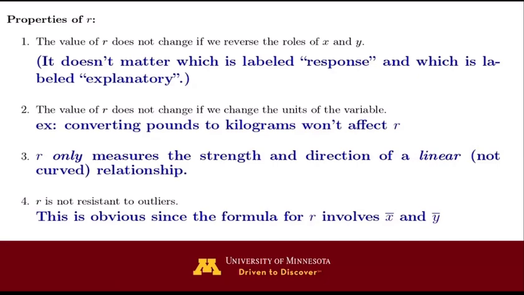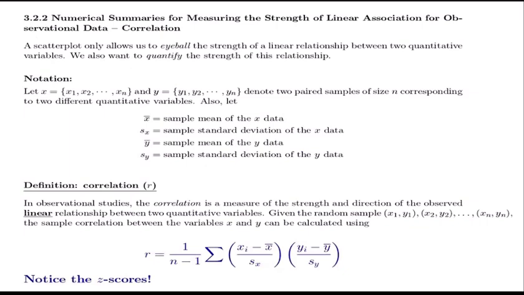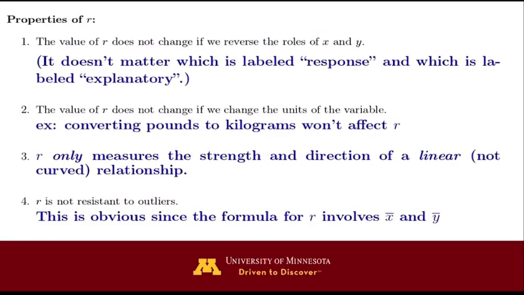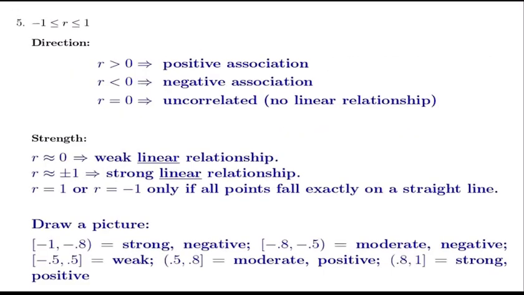Why is correlation sensitive to outliers? Because in correlation we make use of the means: mean of X, mean of Y, standard deviation of X, standard deviation of Y. And let me tell you this, the mean is actually sensitive to outliers. So when the mean is sensitive to outliers, correlation will also be sensitive to outliers. I just wanted to take note of that. So that was why we said it's not resistant to outliers.